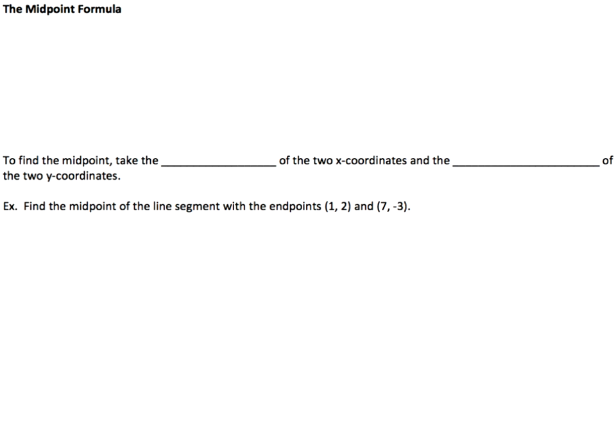All right, so the midpoint formula. If we have a line segment and we're trying to find the middle of it, just like if you had a bunch of grades for a class and you were trying to find the middle of those grades, you would average them. You do the same thing. What you're going to do is you're going to find the average of your horizontal distance between your points.